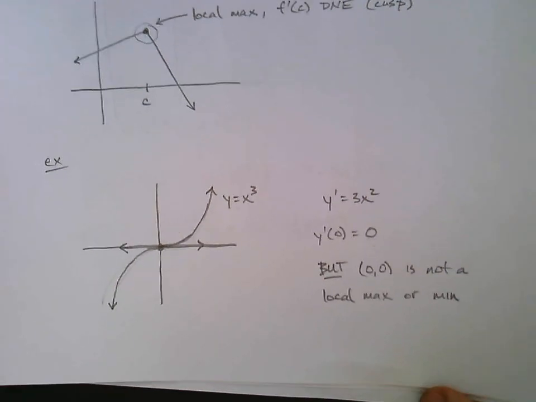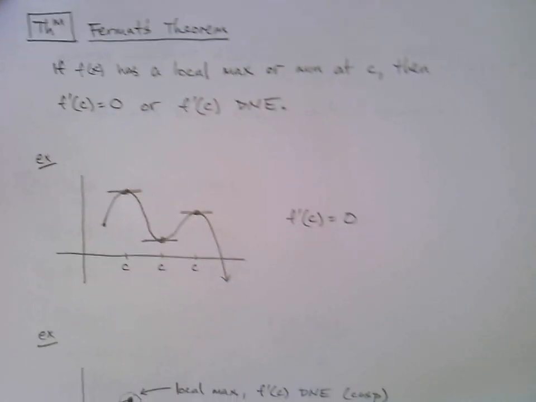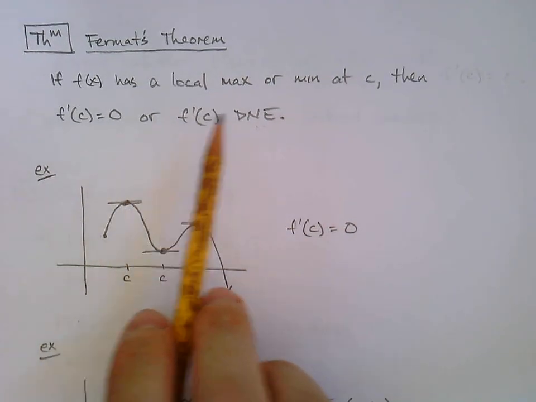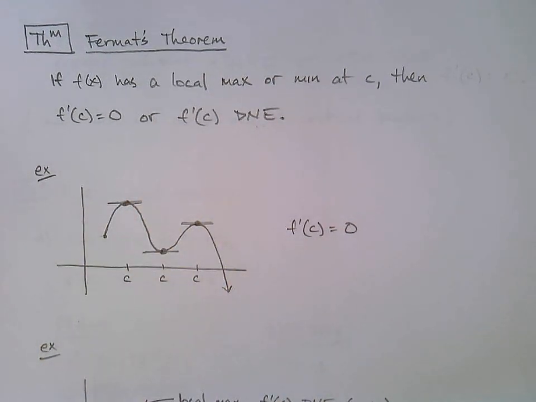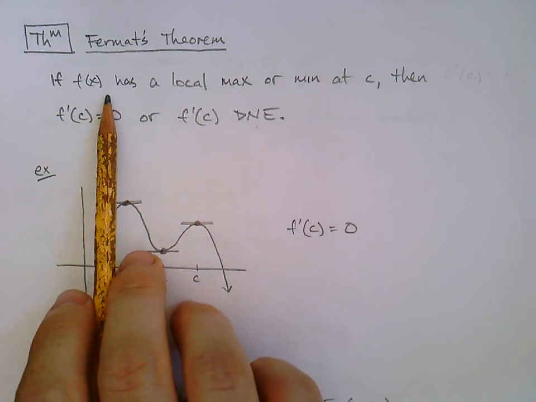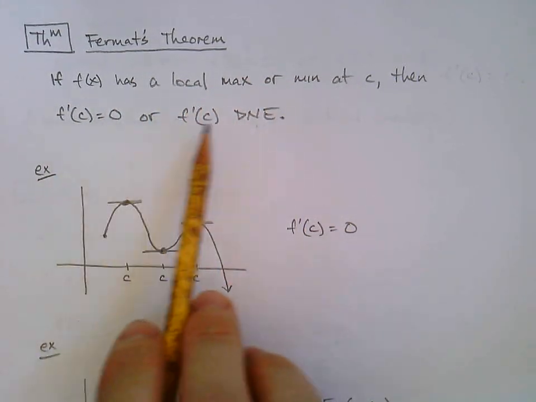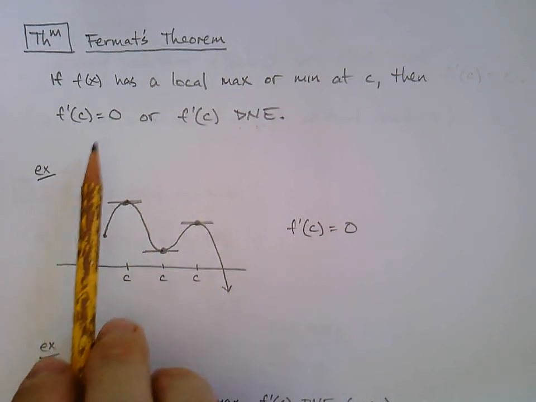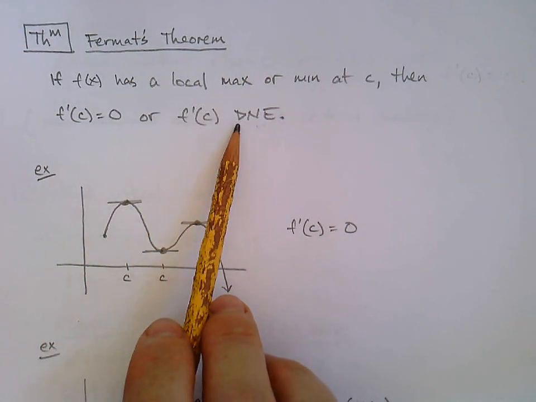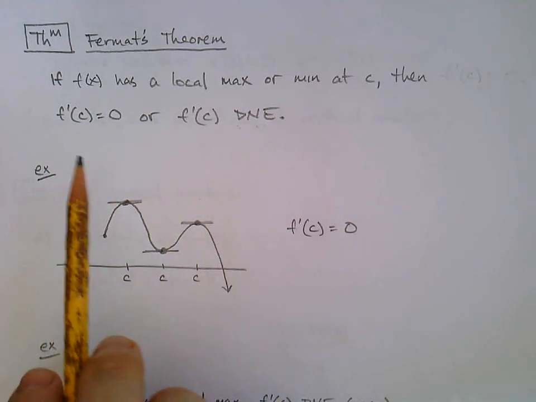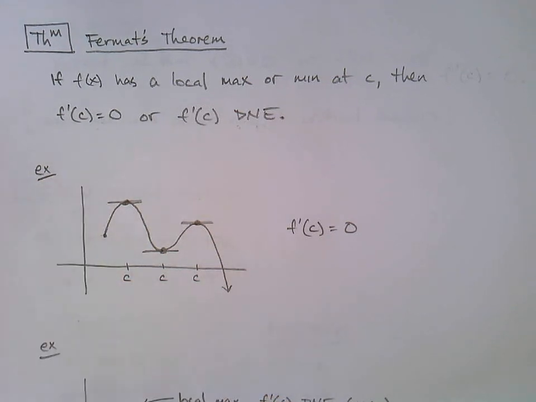So when you look at Fermat's theorem, what he's saying is true, but don't take it too far. If there's a local max or a min, then one of these has to be true. However, these could also be true, either one of them, and it not be a local max or min. So just because the derivative is 0 doesn't mean that's a local max or a local min.